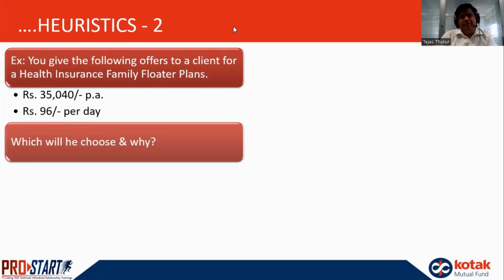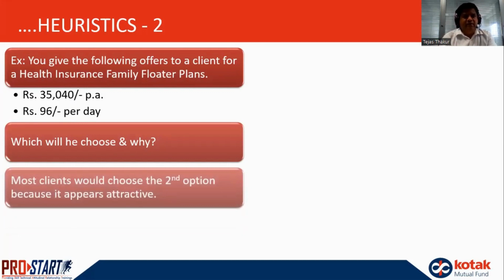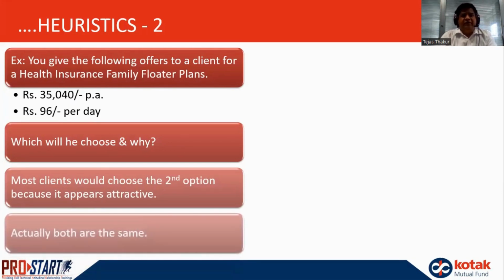Option A or option B? So most of you say your clients will pick up the 96 one, right? Because it appears to be more attractive. Actually, which is the best option? So we understood the context of what we are trying to drive at. So both of these options are actually the same. There is no difference between the two.